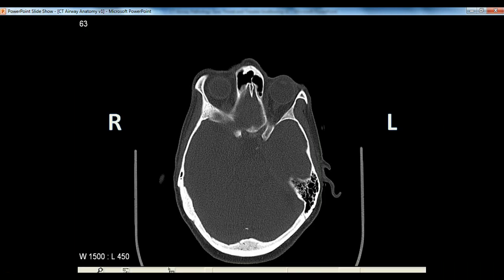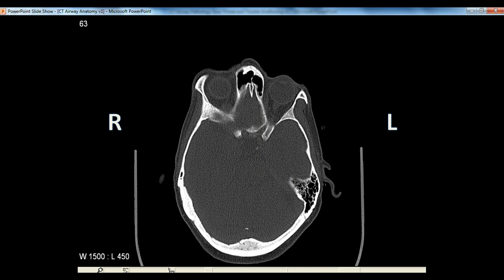As an orientation to the CAT scan, for those of you who aren't familiar with them, I've marked right and left. A CAT scan is obtained by putting a patient through a tube that shoots X-rays essentially in 3 dimensions in slices, and the computer processes those and puts the images together to create the 3-dimensional images.